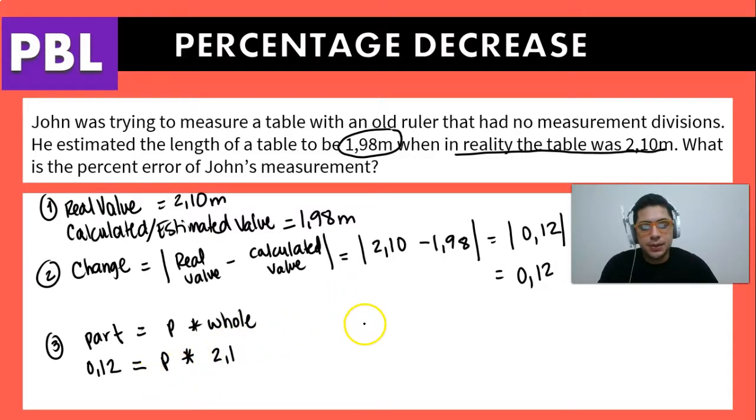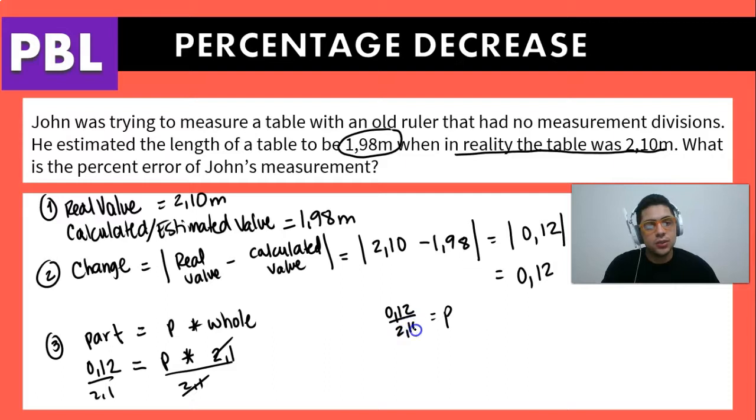So that means that the percentage or the value of p is going to be found by dividing the part by the whole. Because we divide 2.1 on both sides, the 2.1 divided by 2.1, that is 1, and then we're left with 0.12 divided by 2.1, or 2.10, which is the same thing.